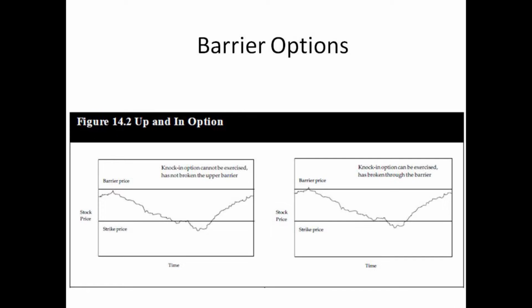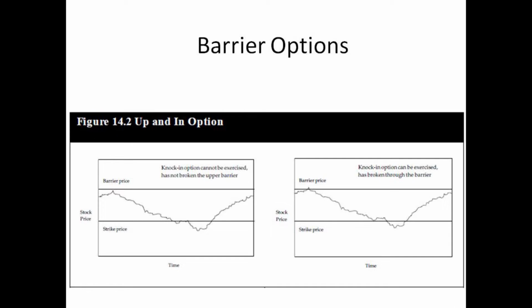So our next slide shows figure 14.2, which shows options with their barriers. So we see the path of the underlying, and as you can see, in the first chart here, the price has gone close to the barrier. It's a knock-in option, but it hasn't gone through the barrier, and thus it didn't get knocked in, even though it goes through the strike price.